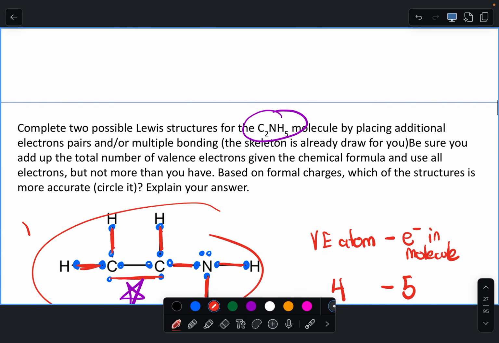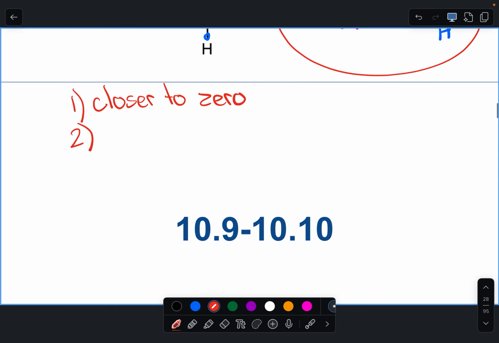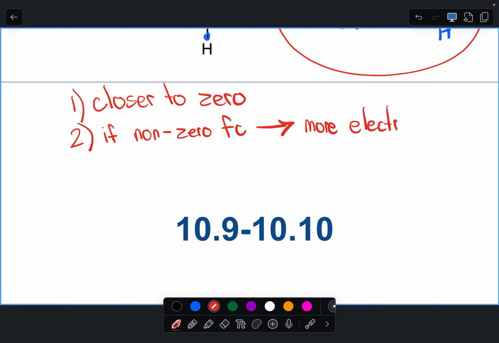So if you have that, the preference is to have negative charge on the more electronegative atom. So if there's non-zero formal charge, put negative formal charge on the more electronegative atom.